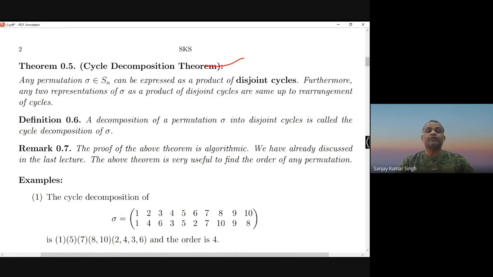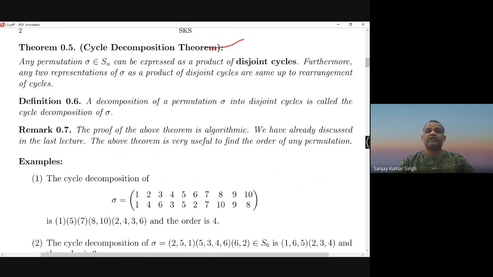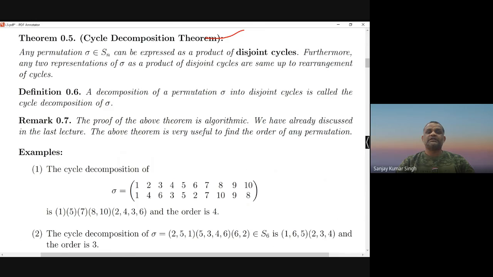Furthermore, any two representations of sigma as a product of disjoint cycles are the same up to arrangement. This cycle decomposition breaks the permutation into a product of disjoint cycles.